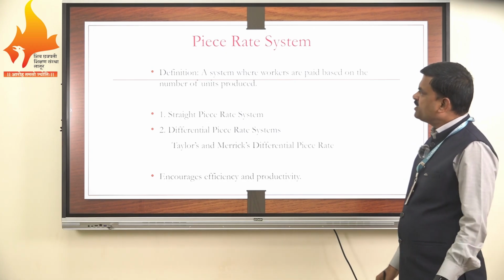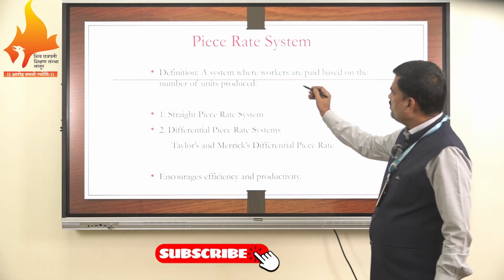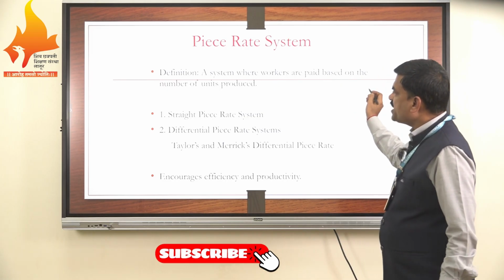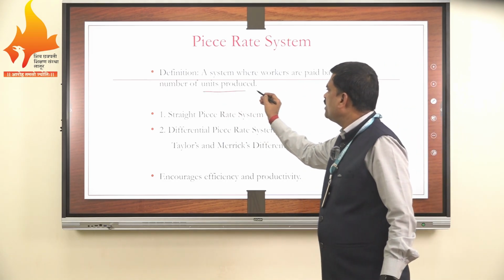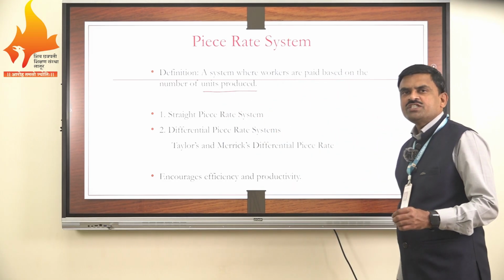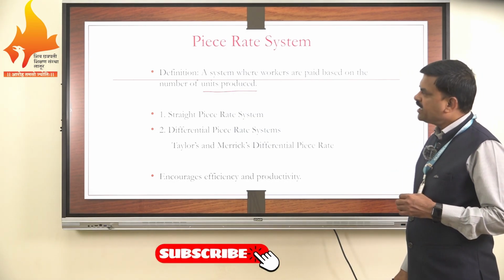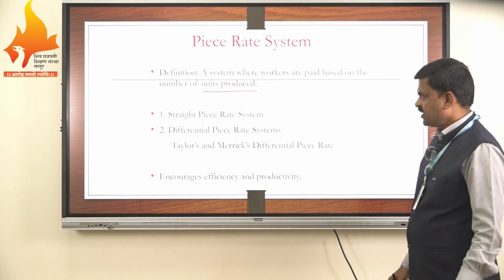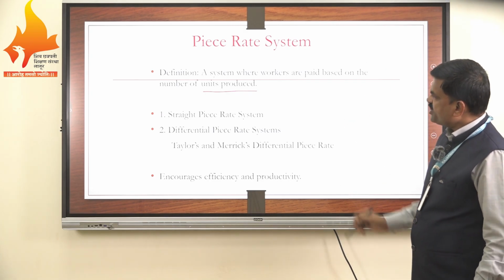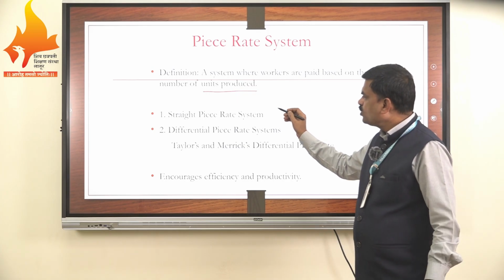What is the piece rate system? This is a system where workers are paid based on the number of units produced. How many units the worker has produced in a particular day, on that basis the payment will be given. In the piece rate system, there are two methods.